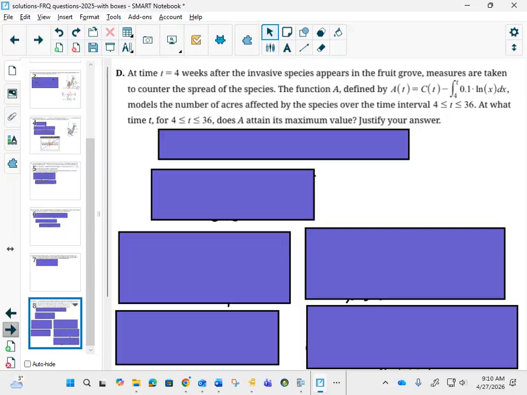At time equals 4 weeks after the invasive species appears in the fruit groves, measures are taken to counter the spread of the species. A function A, defined as this, and notice that A is an accumulation function, where we've got C of t, which is the invasive species, and then you're going to subtract, and from time 4 on, this is how many things are taken out.